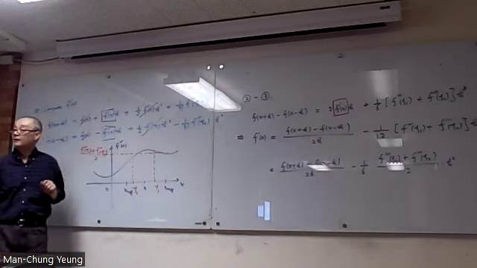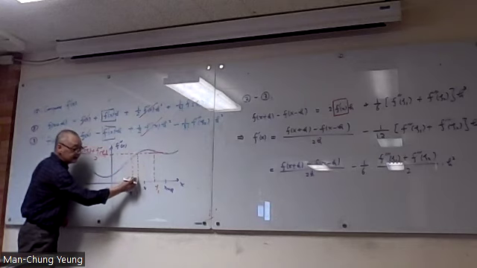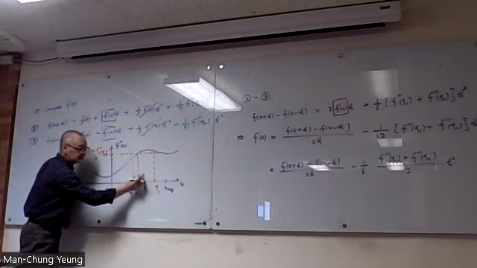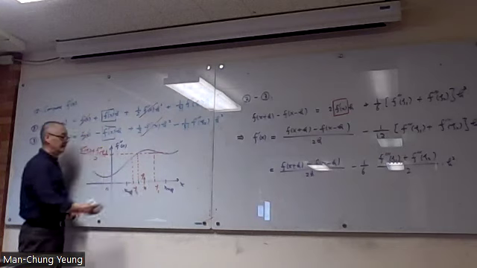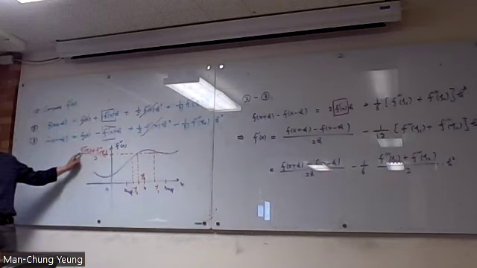So you see, there is always a point psi 3 such that the function value at psi 3 is equal to the average.